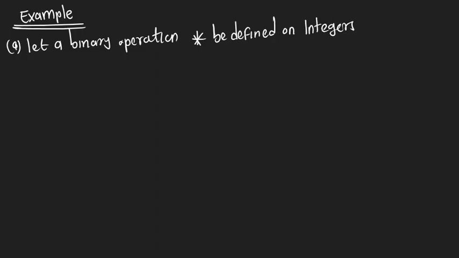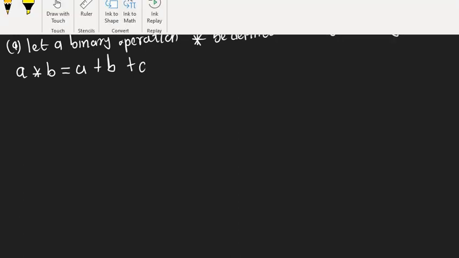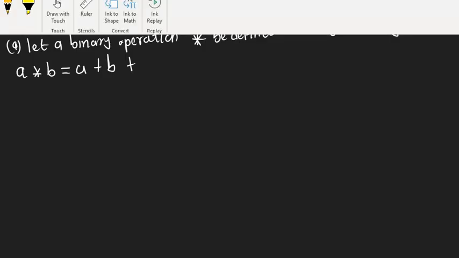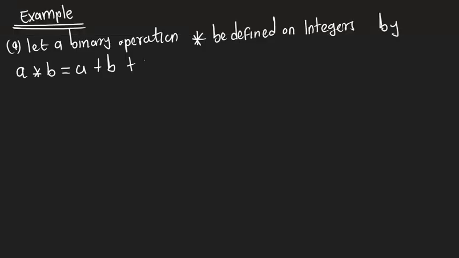So what do you do with integers? Okay, let a binary operation star defined on integers by a star b is equal to a plus b plus 1. I want to explain something here. If you miss this part, then I don't know. Plus 1.